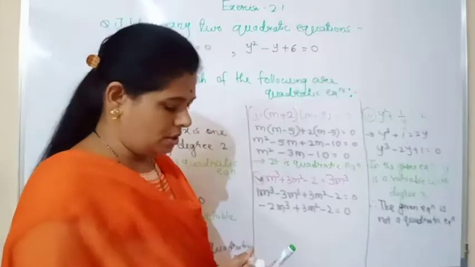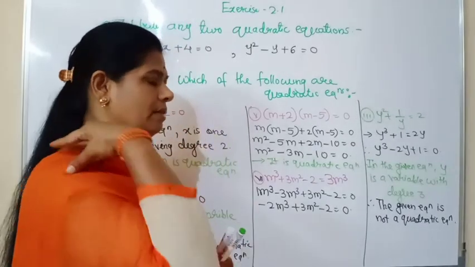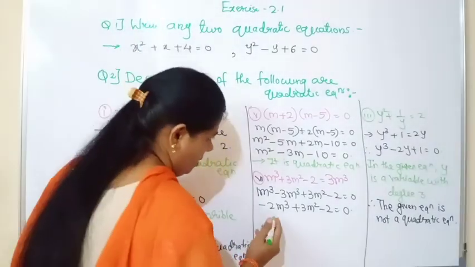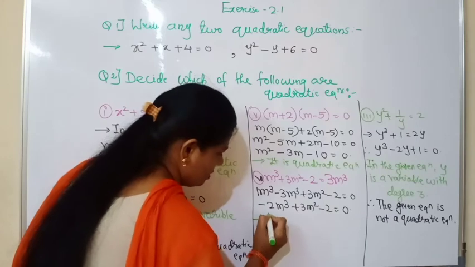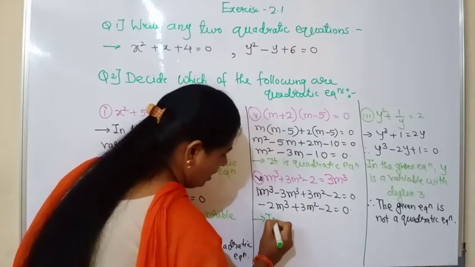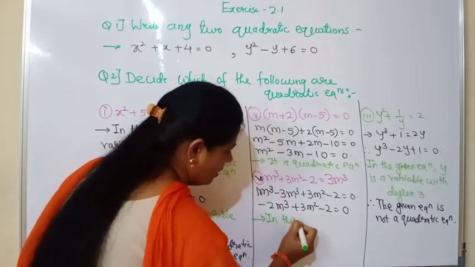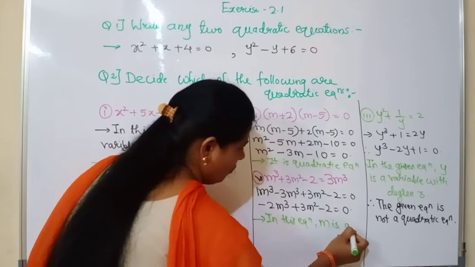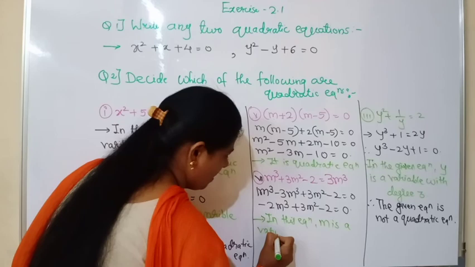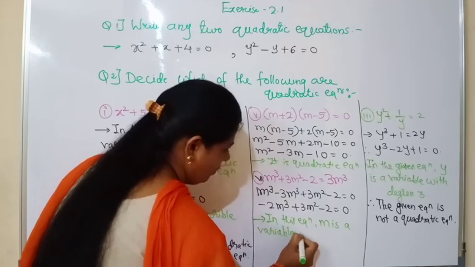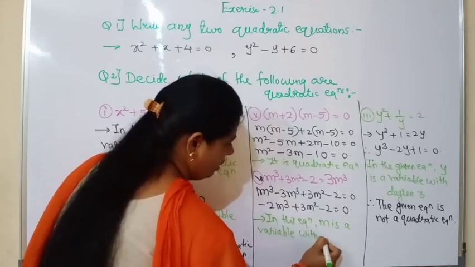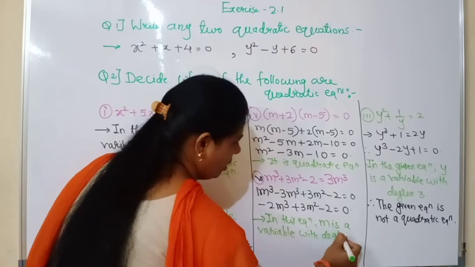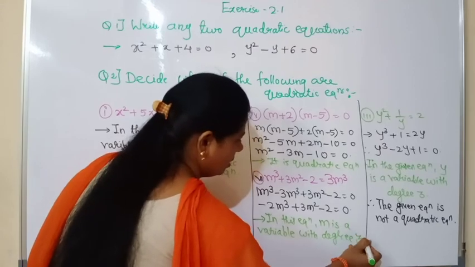Okay, so in this what we are able to see, that this is the equation. We'll just write the statement here, that is, in this equation m is a variable with degree, what is the degree here now? With degree 3.